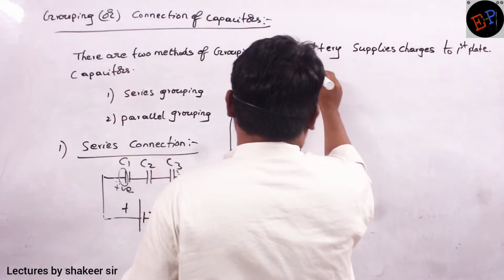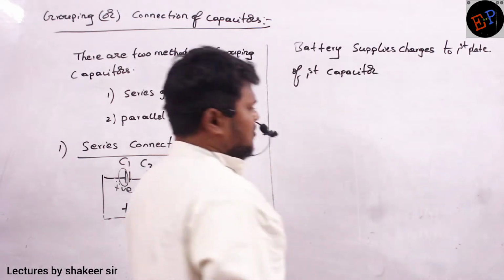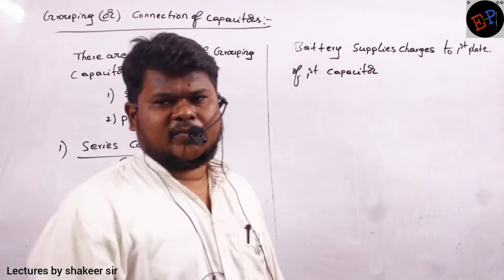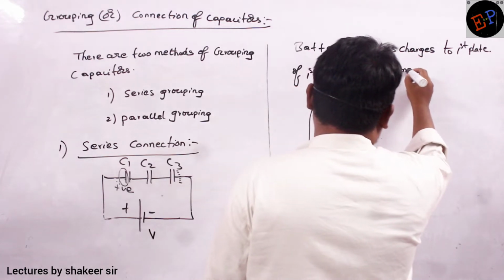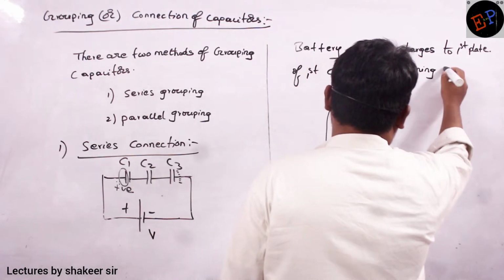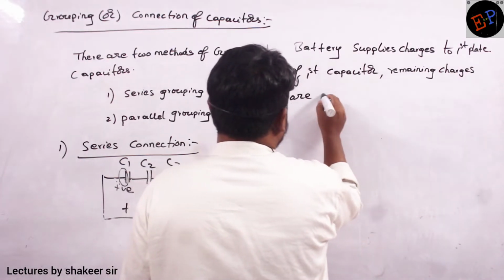the first capacitor. So understanding this concept is very, very important, otherwise you can never solve the problems. And what about the remaining charges? The remaining charges are induced charges.